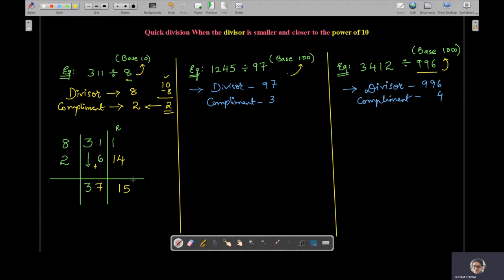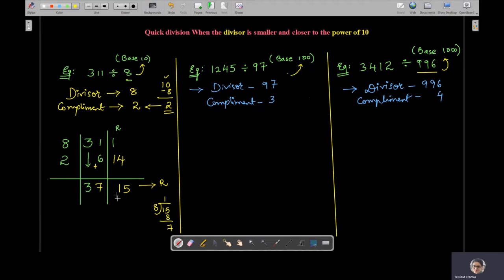Now, here I have a remainder. This is the remainder block. So here I got a remainder of 15. But can I say that 15 would be the remainder when I divide any number by 8? I know that 15 could be further divided. So let me divide 15 by 8. 8 times 1 gives me 8, and the remainder would be 7.